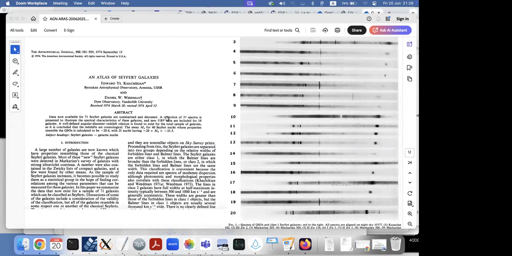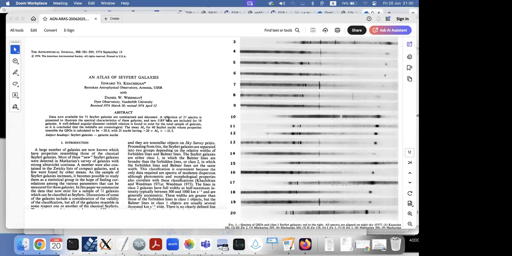This paper by Khachikian and Weedman. This was resolved, people, by spectroscopy. It was realized that the quasars and the Seyfert galaxies have the same damn spectrum. They're just different redshifts. And this is the paper that I think defines what we mean by an active galaxy.